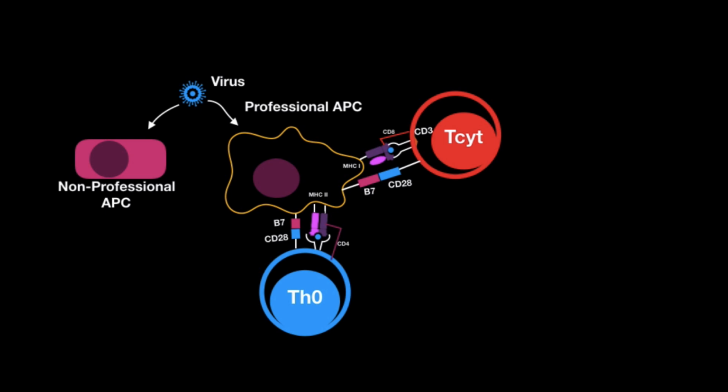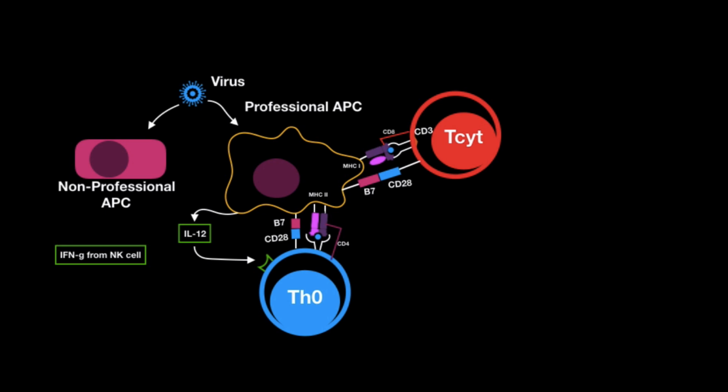So while it's trying to activate the T-cytotoxic cell, it's also trying to activate the naive T helper cell. And it does that through the T cell receptor and MHC2 and through the B7 and CD28. And it is also able to differentiate it into a T helper cell 1 by releasing interleukin 12. It can also receive interferon gamma from natural killer cells to get differentiated.